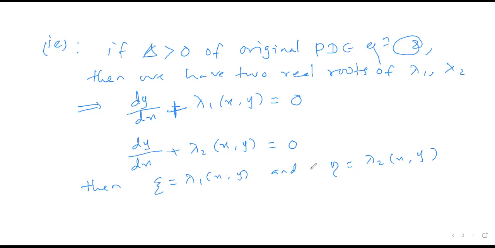That's what I told you: according to the type, the zeta and eta choices will be changed. In this choice, we are taking zeta as our first root and eta as the second root. Real characteristics.